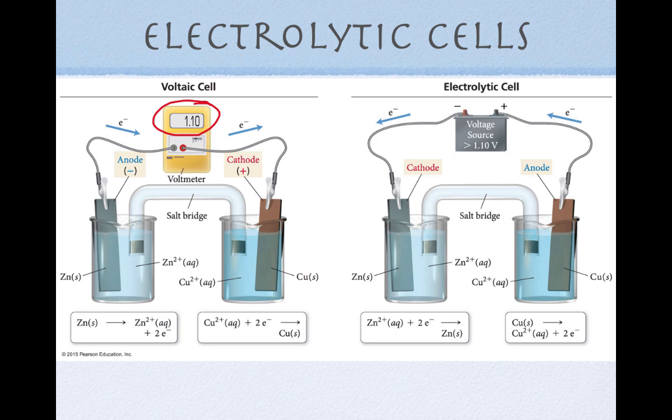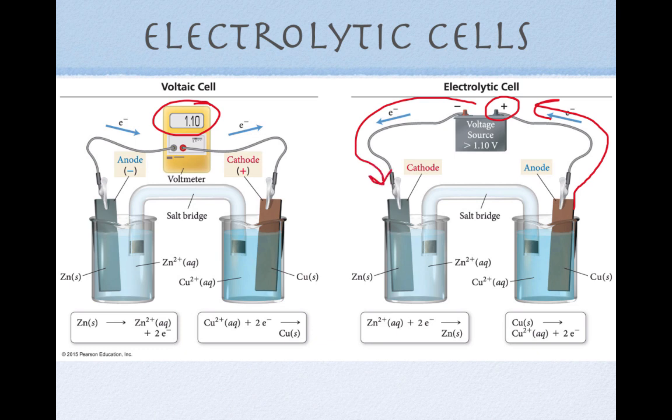However, if I want to recharge that battery, I've got to make the electrons move the other direction, and so notice that I have to apply a battery rather than just a voltmeter, and I'm using a positive electrode here to attract electrons away from my copper, and negative to supply them down to the zinc.